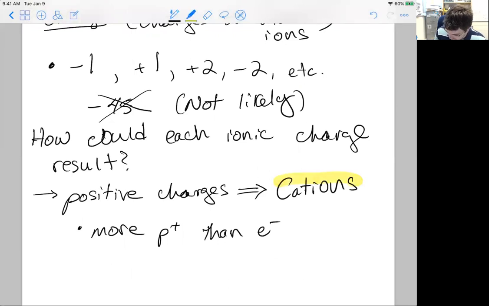So cations are a class of ions, or a class of non-zero charged atoms, that have more protons than electrons. Now, it's not a cation like a vacation, for example. It's a cation. I should write that in here. Cation. Okay? So positive charges result when there are more protons than electrons.